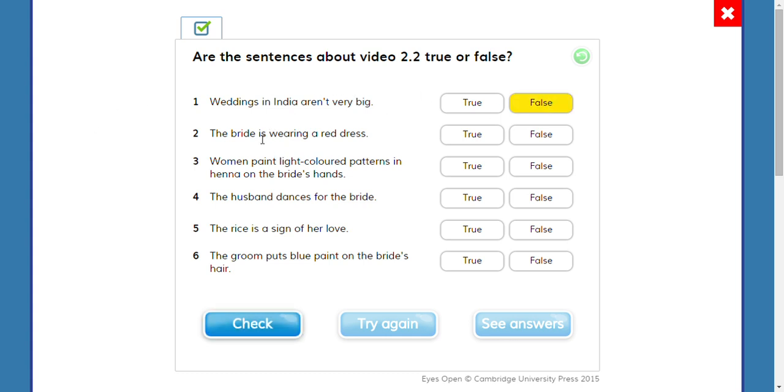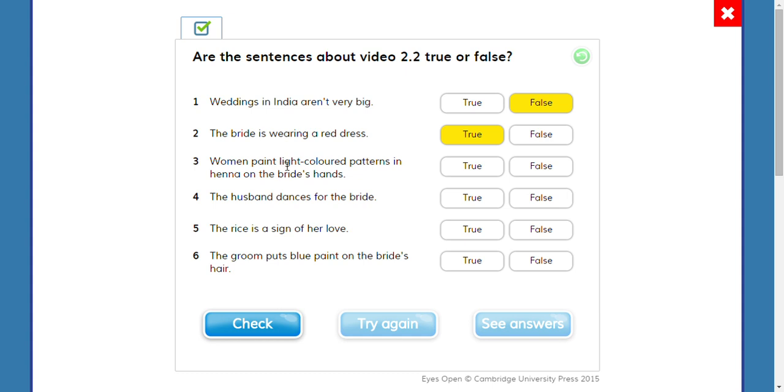Okay. The bride is wearing a red dress. Yes or no? Yes. And remember, in one part of the video it says that the color red is for good luck. Okay. Now, number 3. Women paint light colored patterns in henna on the bride's hand.